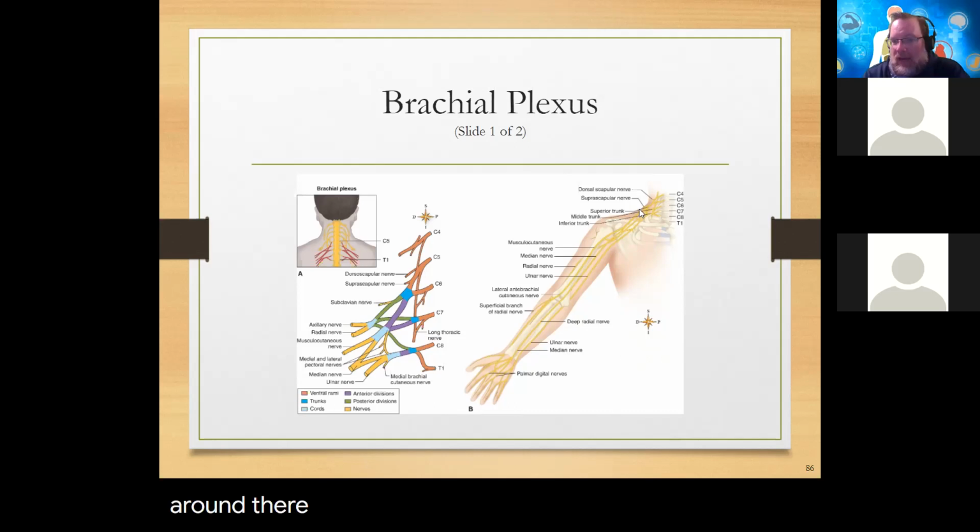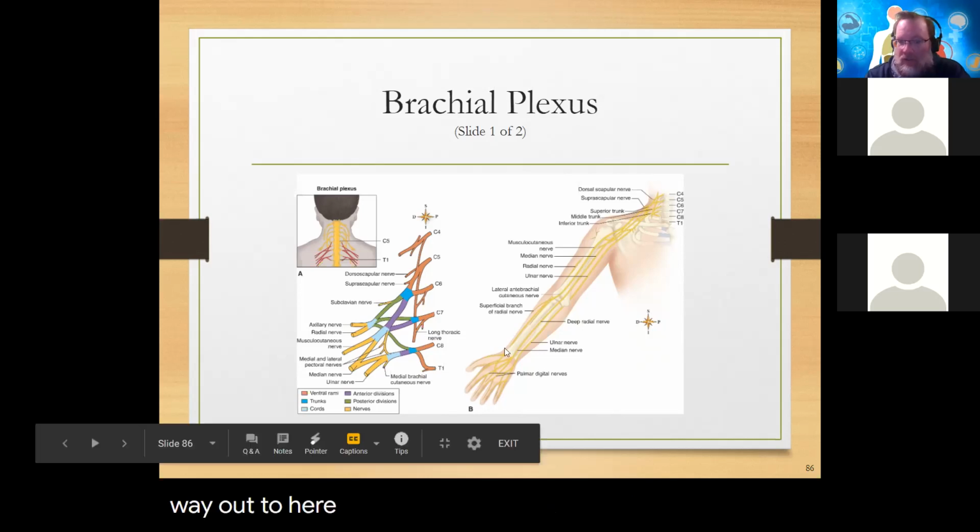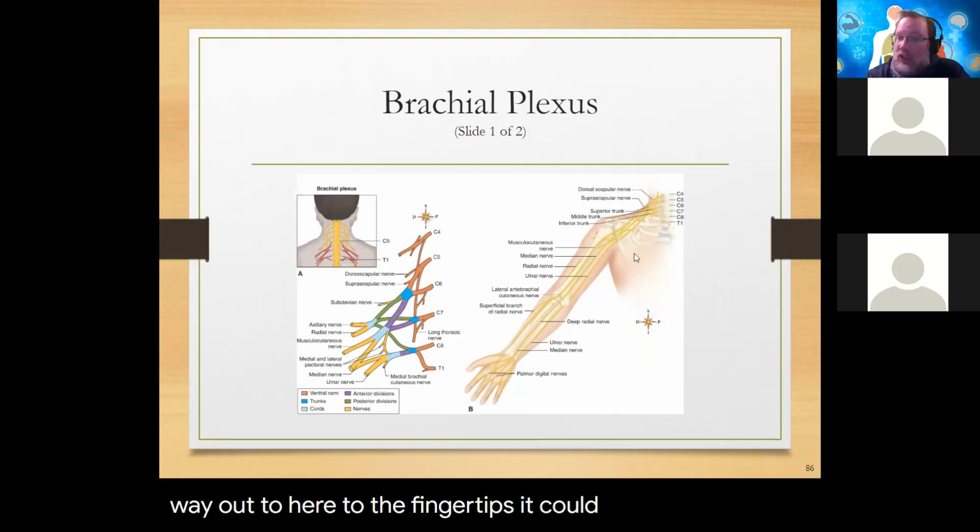Okay, so if we have any type of impingement or inflammation anywhere between C4 down to C8 all the way out to the fingertips, it could affect the functionality motor wise. It could also affect your ability for the sensory aspects to come into play.